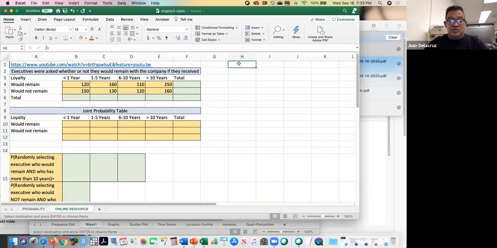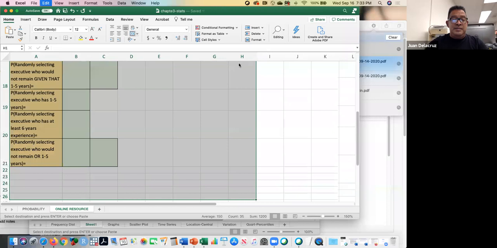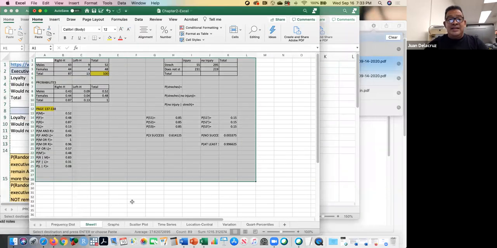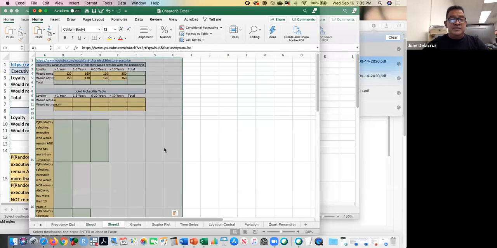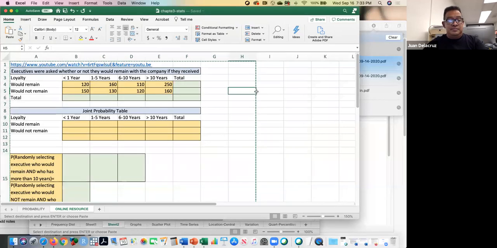What I do is I go to the other side, I highlight all my information, then copy, and then paste it in the previous. So you have only one file, right? So now you can forget this one and work only in one file.